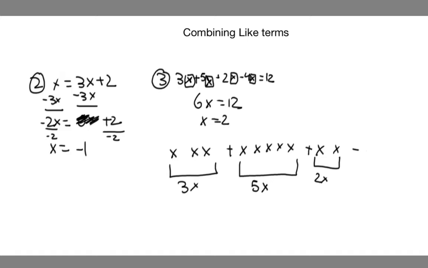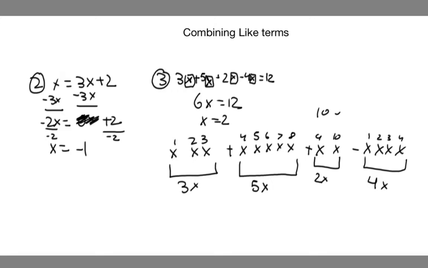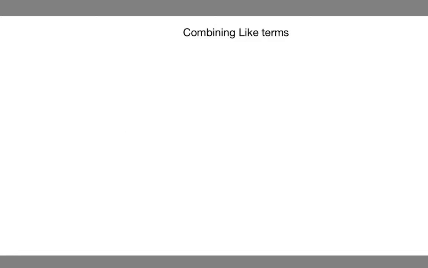Minus 1, 2, 3, 4. This is our 4x. So when we add them up, we have 1, 2, 3, 4, 5, 6, 7, 8, 9, 10, which is 10 minus 1, 2, 3, 4. 10 minus 4, which is equal to 6x. Great, okay. Now we understand this.